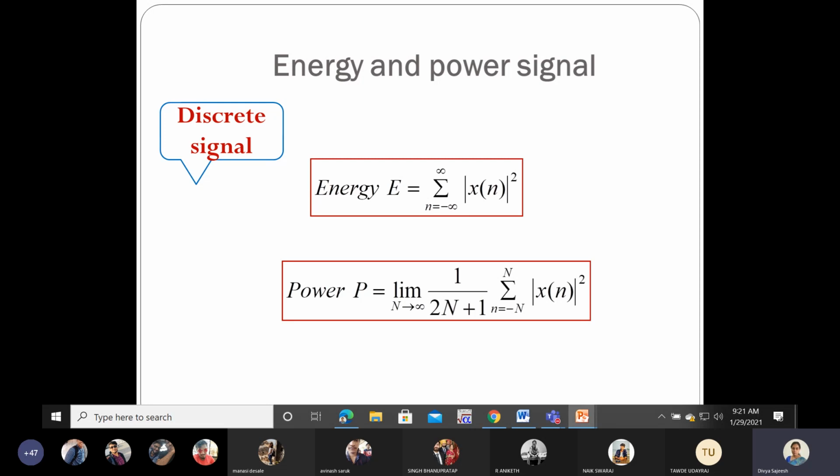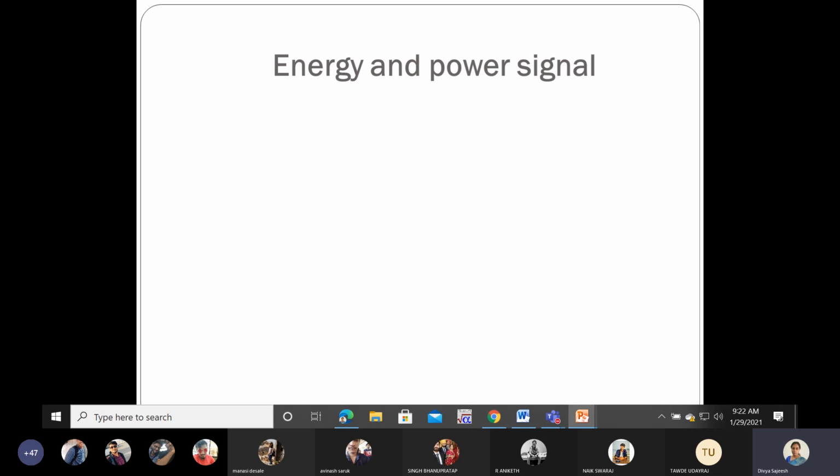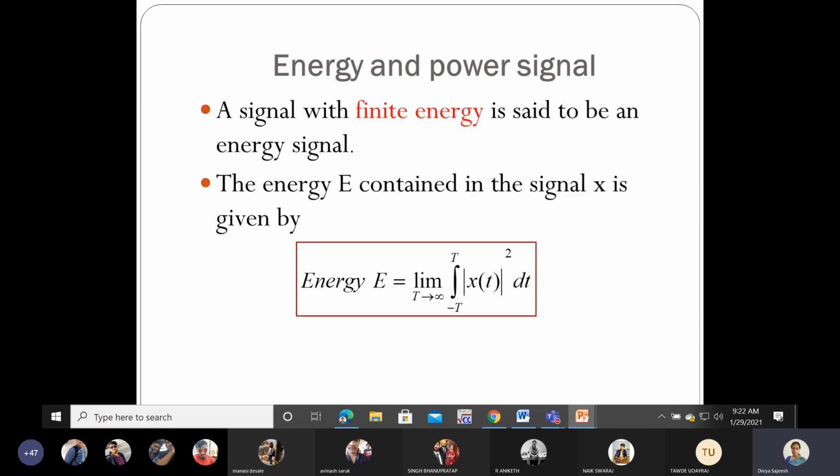So far we have not solved any examples on discrete signals. Let us first understand the continuous signal process, then we will do a few numericals on the discrete also, because both are important. You have to solve numericals for both discrete as well as continuous signals. Once again, I'll repeat what an energy signal is. If the signal contains a finite or constant energy, then I can call it an energy signal.